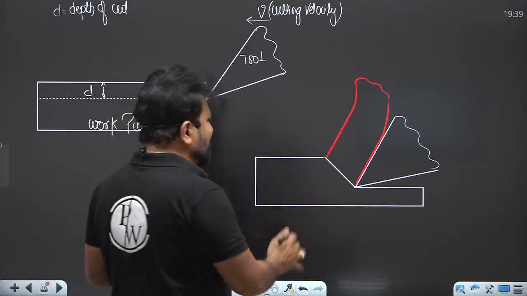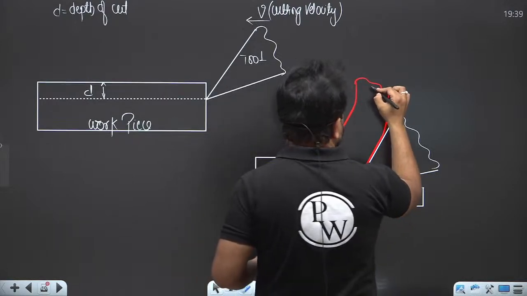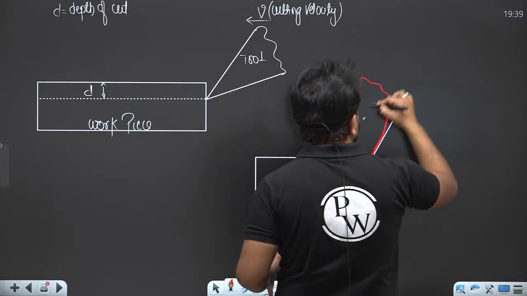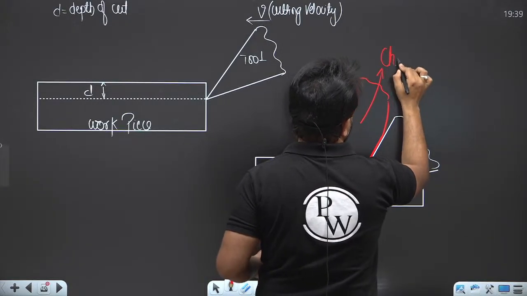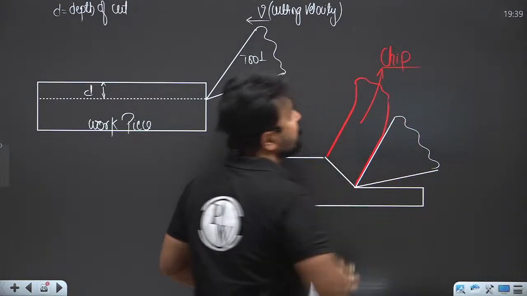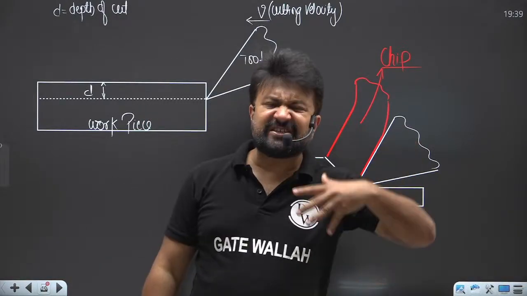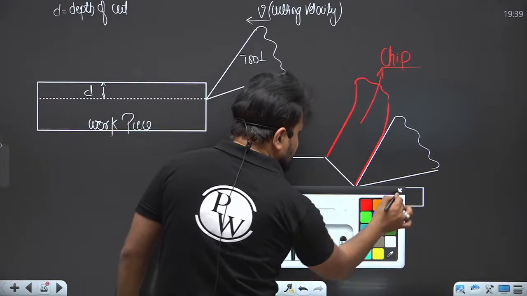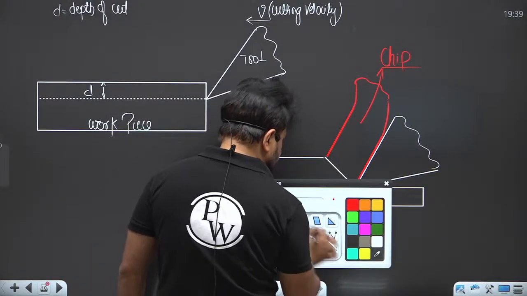So please see, this is the chip, which is produced and removed in the operation. Now, here you can see a surface which is produced.